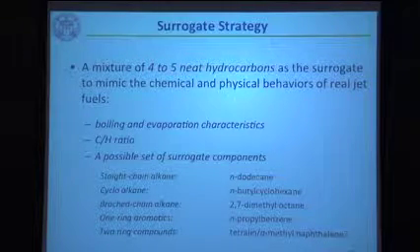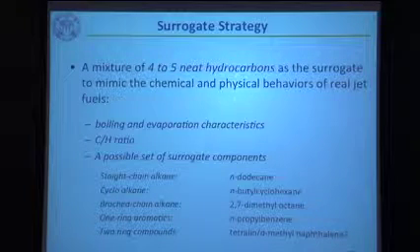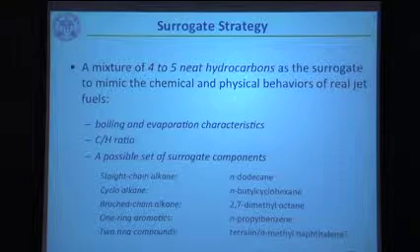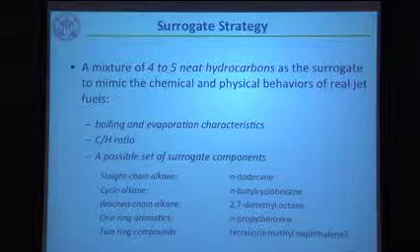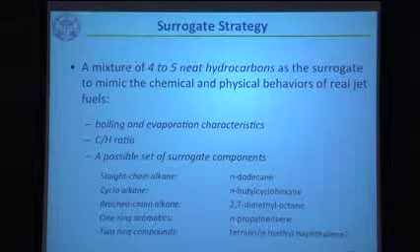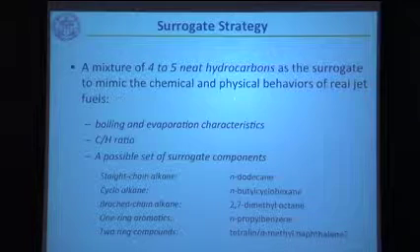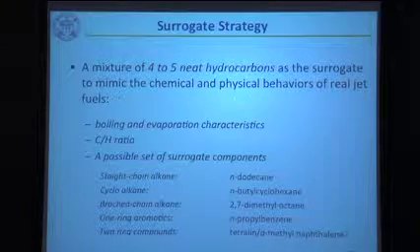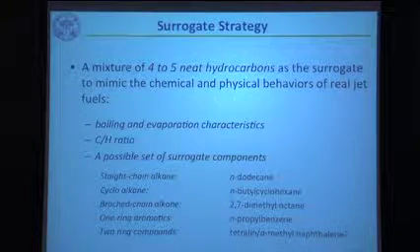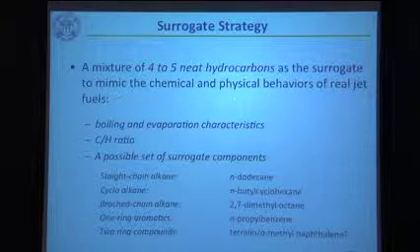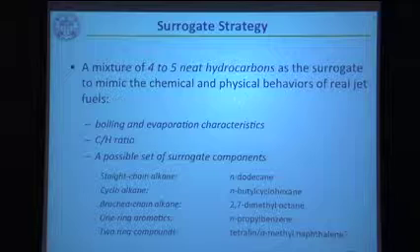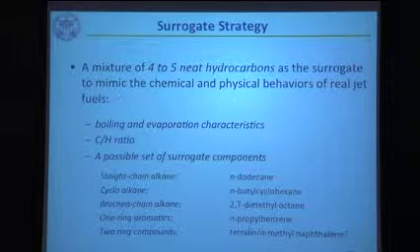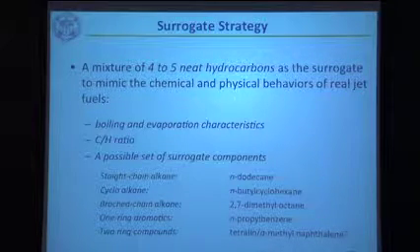The neat hydrocarbons that represent components of a jet fuel are n-dodecane, butyl-cyclohexane, methyl 2,7-dimethyl-octane, and propylbenzene, and some tetralin or alpha-methylnaphthalene. So the strategy is to develop a coupled reaction model for each and every one of these compounds. Okay, so we did one after another.